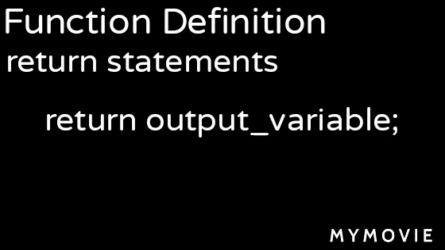So it is like the output of the function. There's no need for a return statement if the data type is void. The syntax of this is the keyword return, space, the output variable, then don't forget the semicolon.